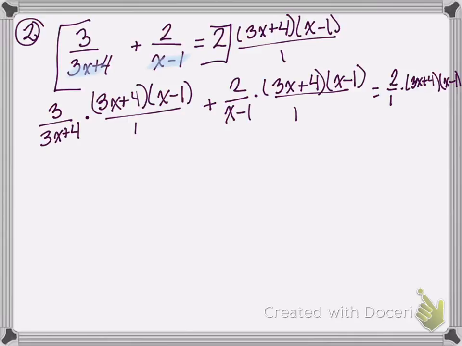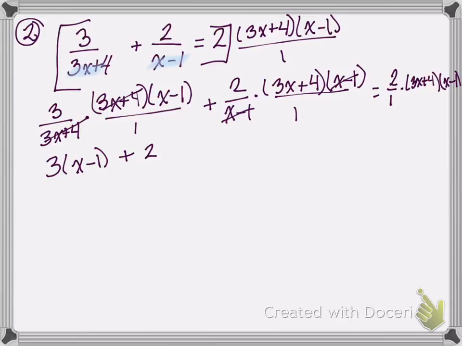Okay? And once we do this, we can start canceling out. So if it's in the numerator and the denominator, we are going to cancel that out. So now we've got our 3, and that's going to be multiplied times x minus 1, and we will have to distribute that in just a second. Then our x minus 1 in our second term cancels out.